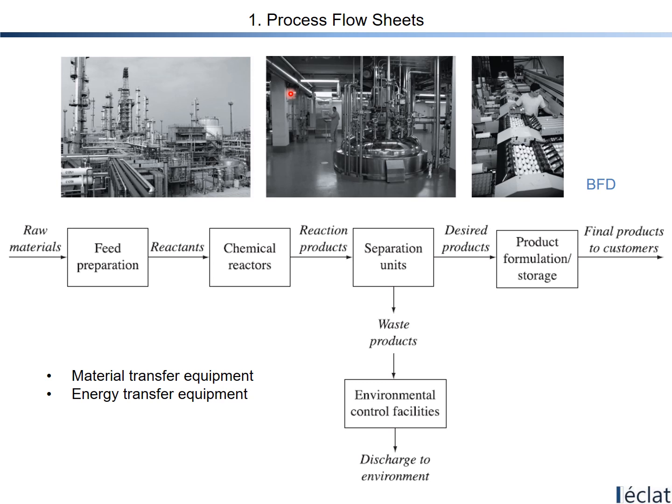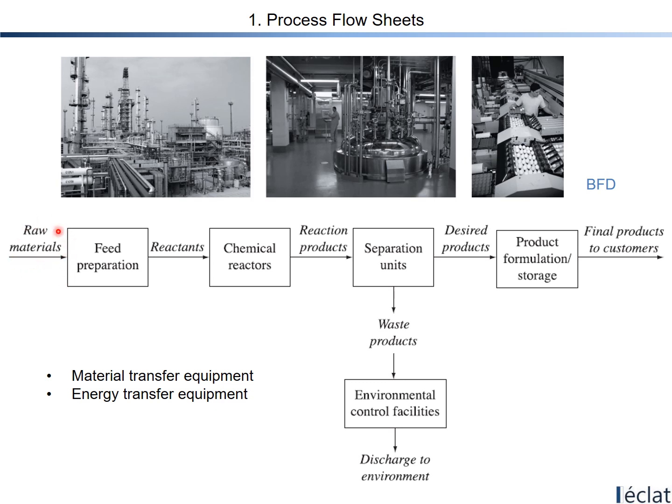The first one is about the process flow sheet and/or flow diagrams. So this is an example of flow diagrams. The box indicates some process units or process operations, and the arrow is material transfer. So let me try to trace these arrows.